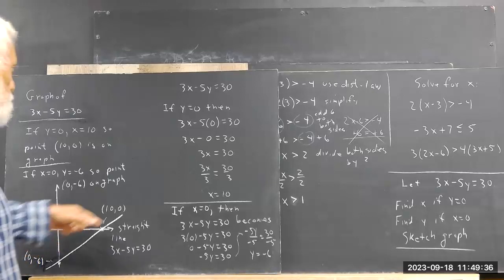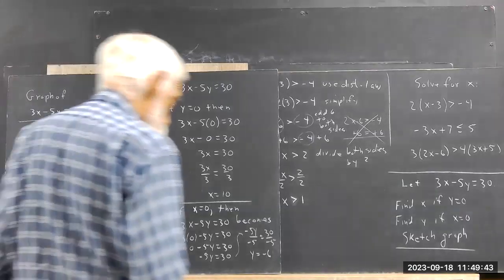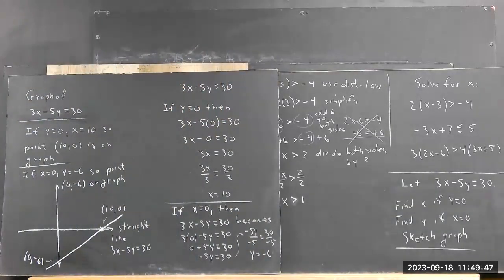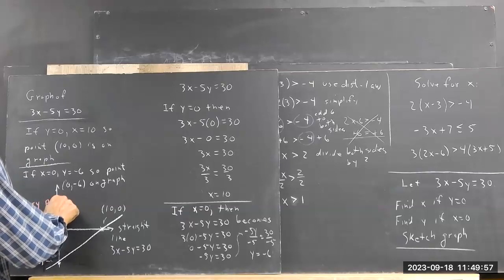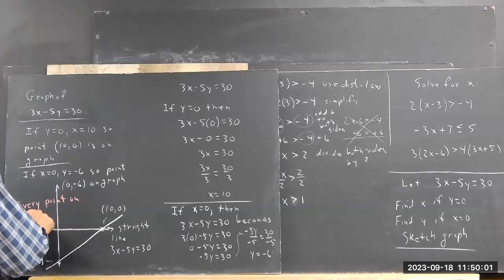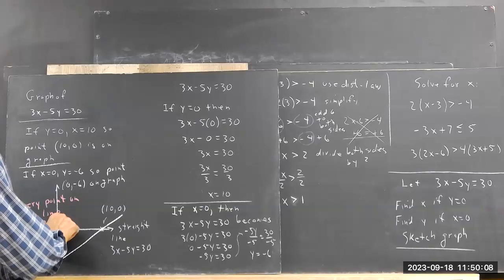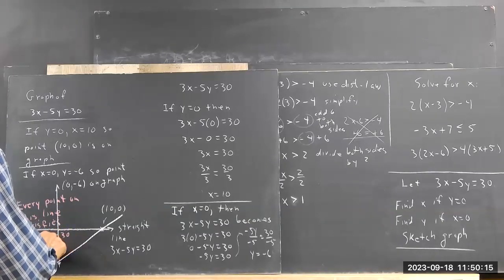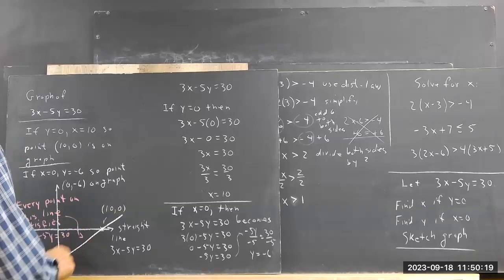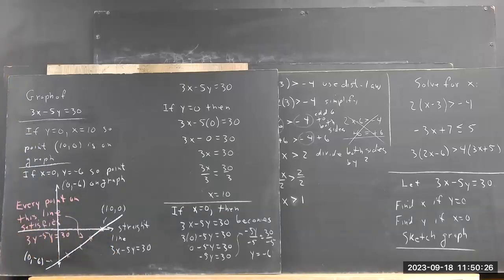And what this means is every point on this line is a solution for this equation. And this is a big deal. Every point, I put a point here, point here, point here. Every point on this line satisfies 3x minus 5y equals 30.